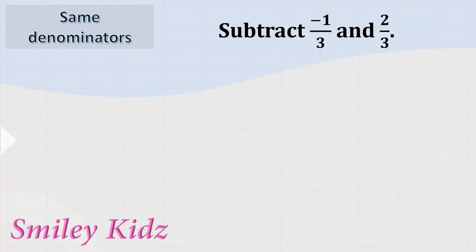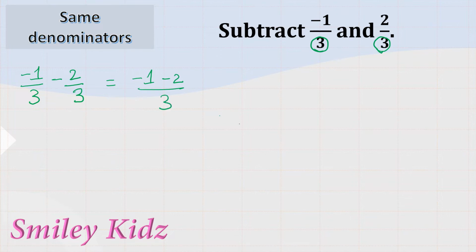Same denominators. Subtract minus 1 by 3 and 2 by 3. Here we are having same denominators. So we will be simply subtracting the numerators. Minus 1 by 3 minus 2 by 3, which is equal to minus 1 minus 2 by 3.